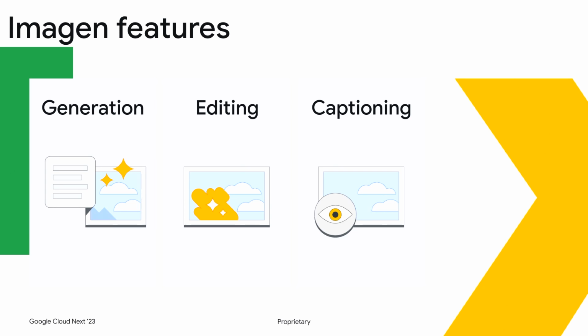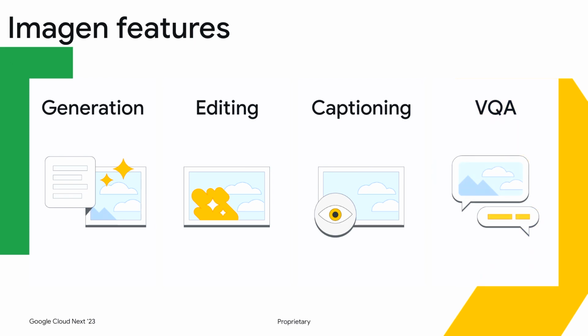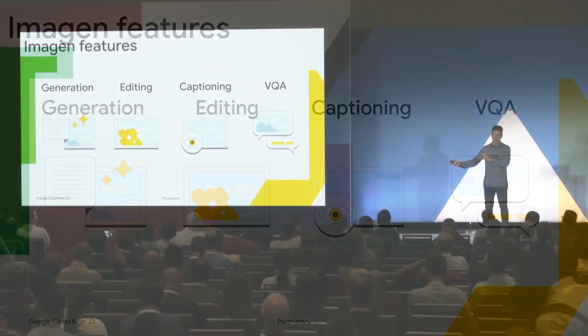And lastly, but not least, Imagen has a sophisticated visual query answering capability. And the model here is that you as a developer, you submit an image, you submit a question, and the model generates an answer based on the question.